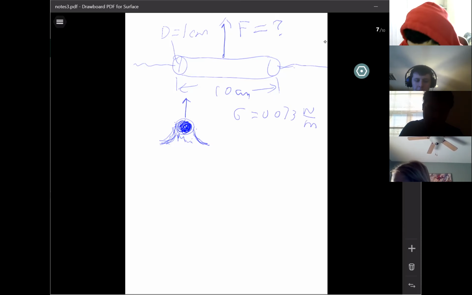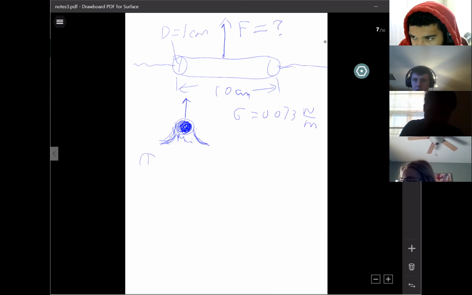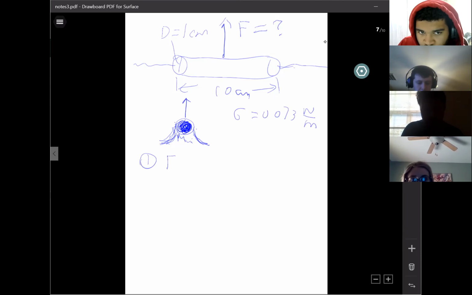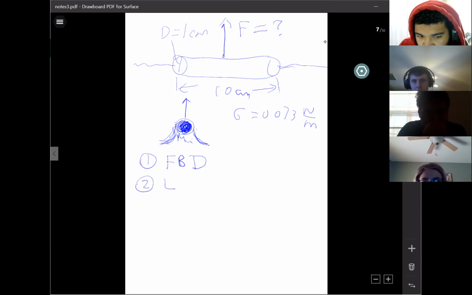In the grading, the first thing I want is a clear free body diagram, with the drawing, with all the arrows for the forces, and all the letters representing each force. That's one thing. The second, I want the main equation, either force balance or moment balance.